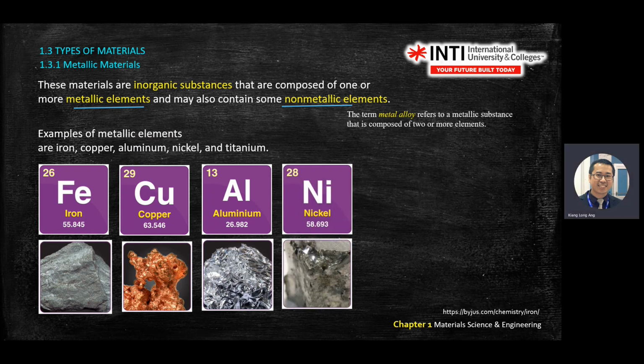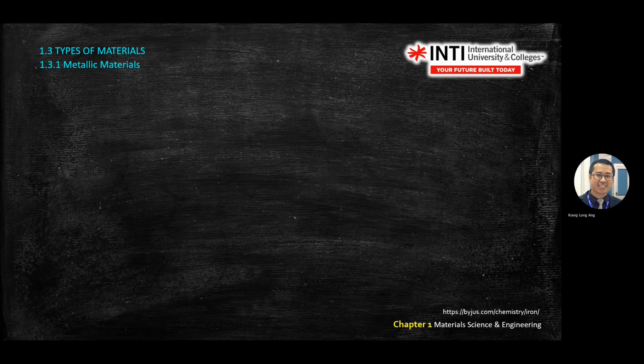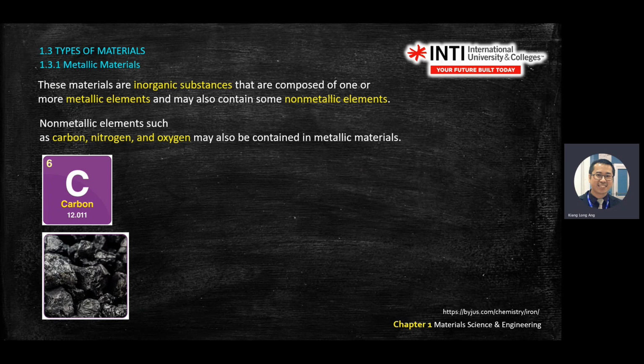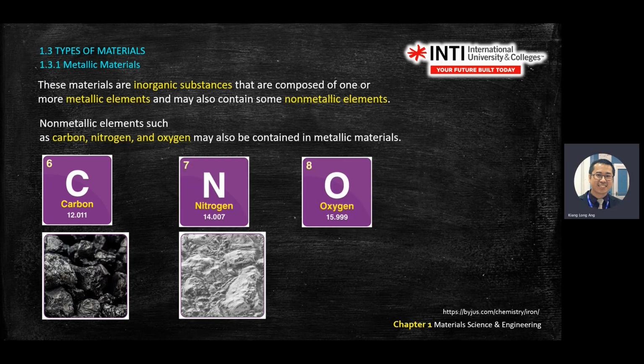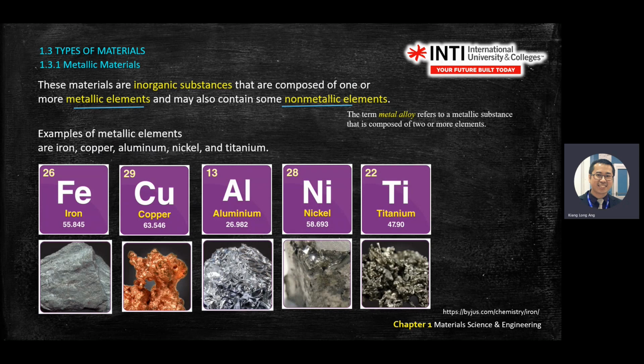Nickel will come up when we do alloying, or metal alloy, later. Titanium is a bit of an advanced material. Now we go into non-metallic material. The ones you see on the screen are popular for this module. You'll see a lot of examples. Just now, for metallic material, you have these 5.